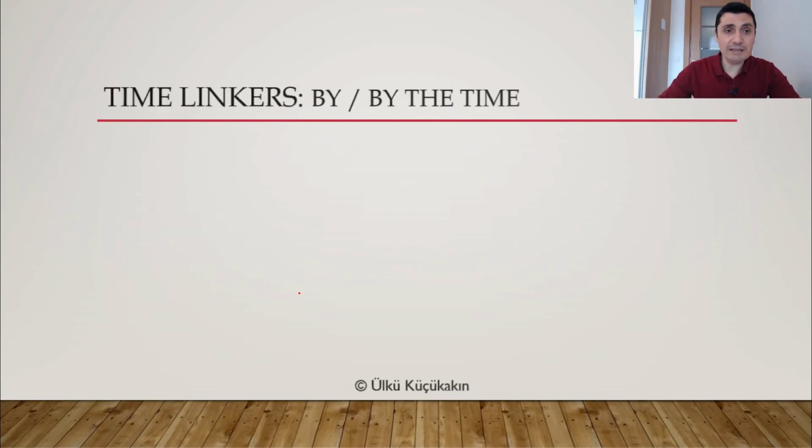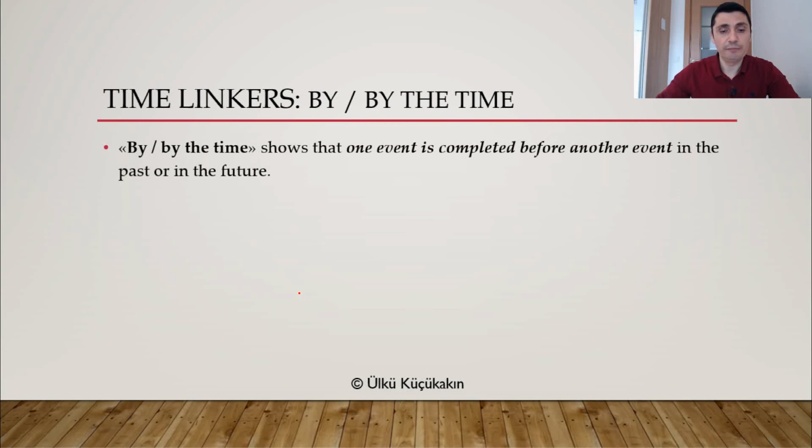Now, by and by the time, on the other hand, shows that one event is completed, it's finished, before another event in the past or future. Now, people, by and by the time underline that one event is finished before another event in the past or in the future.